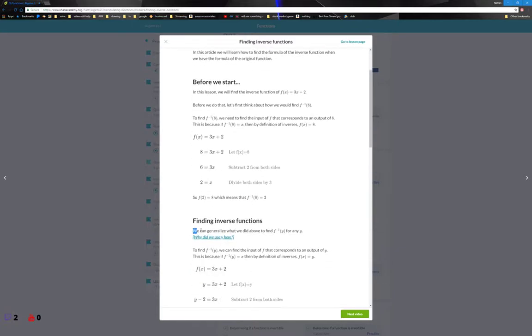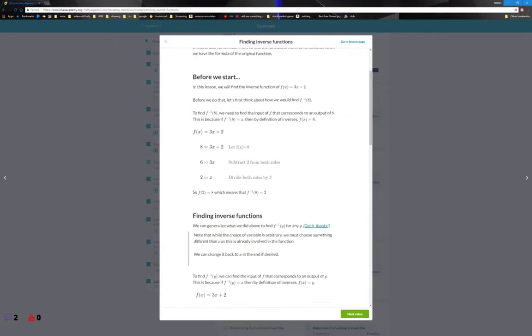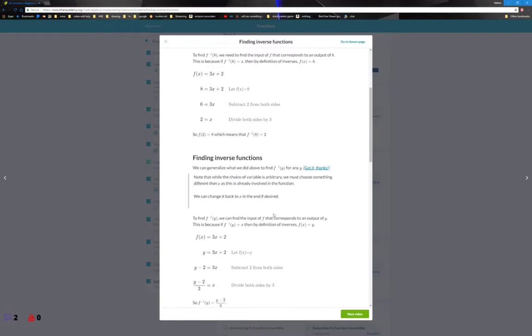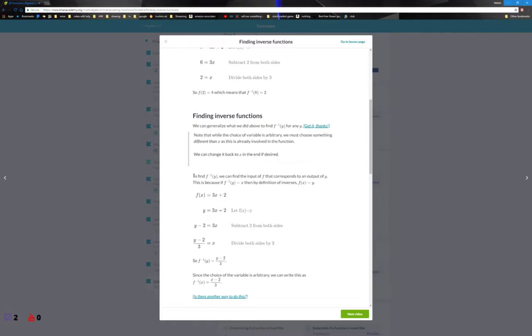Finding inverse functions. We can generalize what we did above to find f inverse of y for any y. Why did we use y here? Because we must choose something different than x, which is already involved in the function. To find f inverse of y, we can find the input of f that corresponds with an output of y.